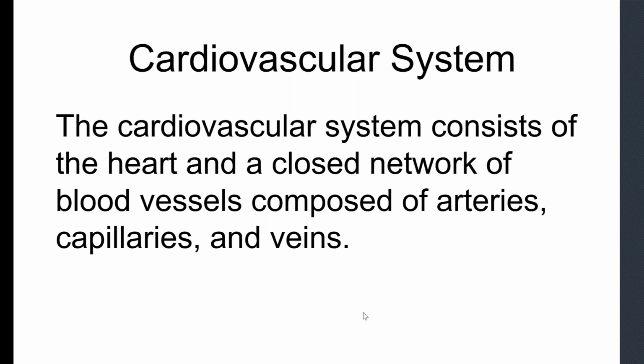And that blood pressure is created by the heart in pumping the blood first through the pulmonary system to pick up oxygen, and then through the heart again, and then through the arterial and venous system as it delivers that oxygen and other nutrients to the tissue. So essentially, the way that you should think about the cardiovascular system is that it is simply pumping the blood throughout. The cardiovascular system is composed mainly of the heart and then arteries and veins.